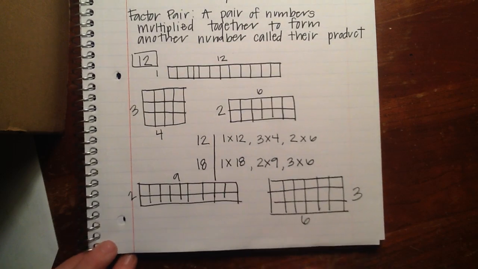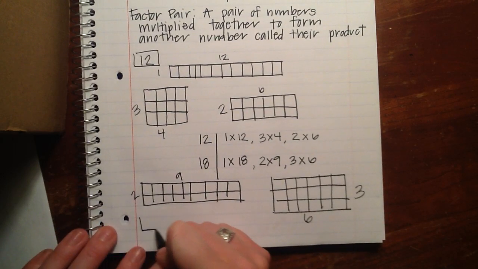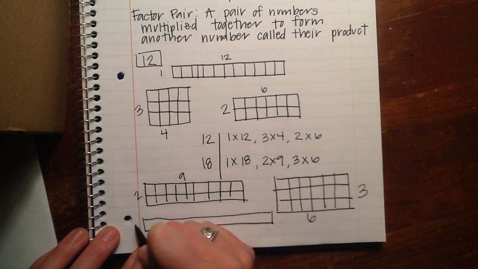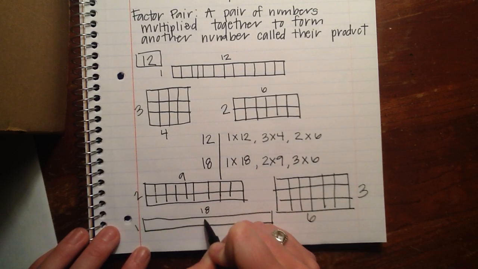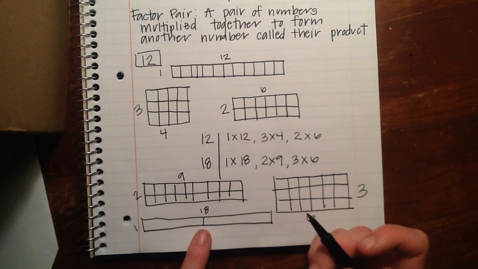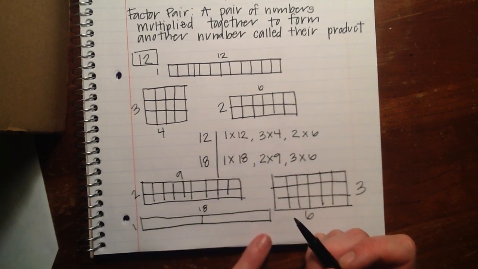And then I could do 1 and 18. Sorry, I'm making it really small. I know it's not a really good example, but what I did is I tried to put a line in between 18.